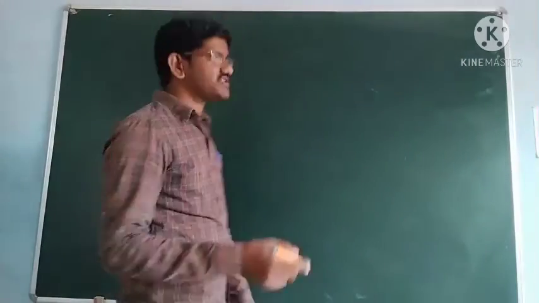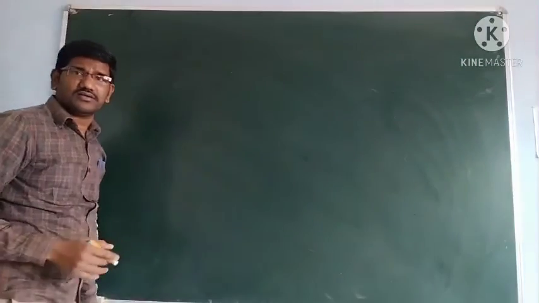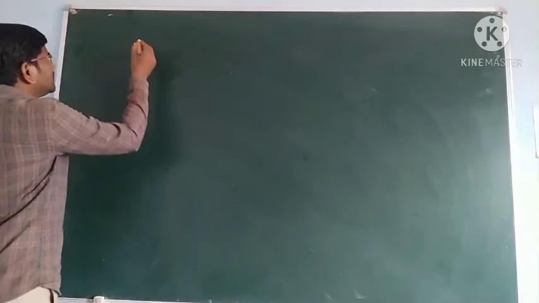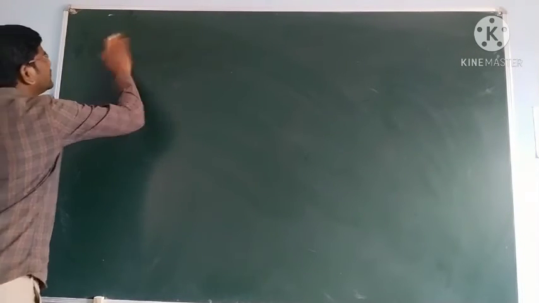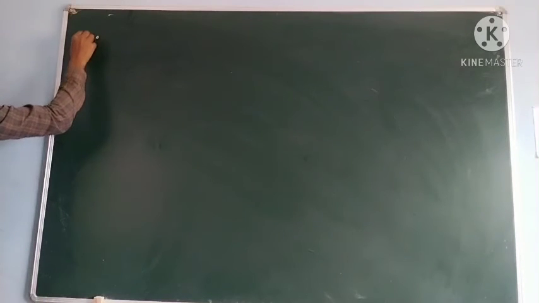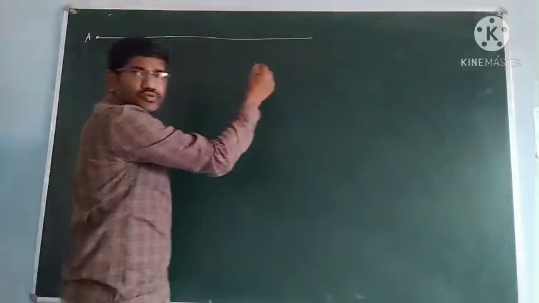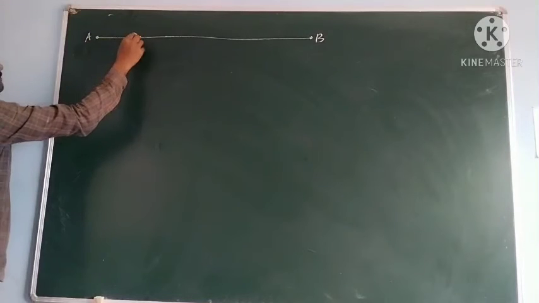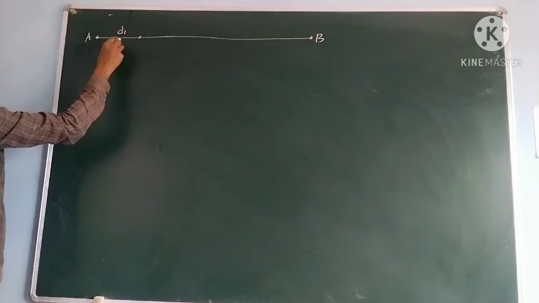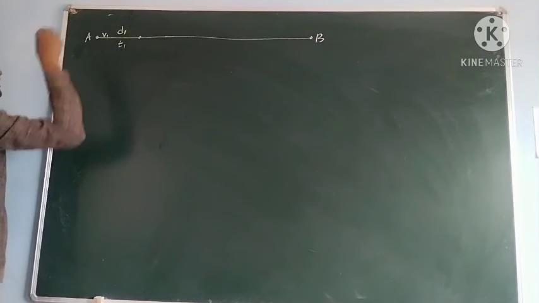Okay, see students, consider an object started at point A and moving to B. From A to B, let the distance be D1, time taken T1, with speed V1.